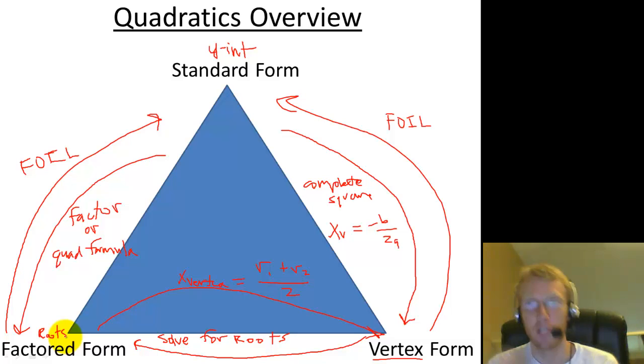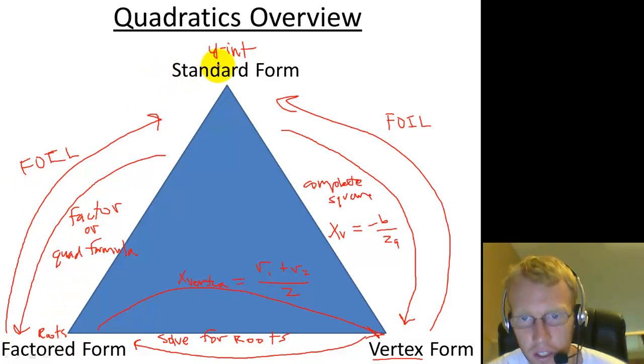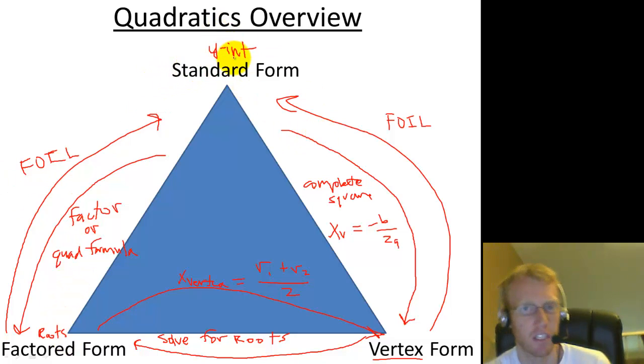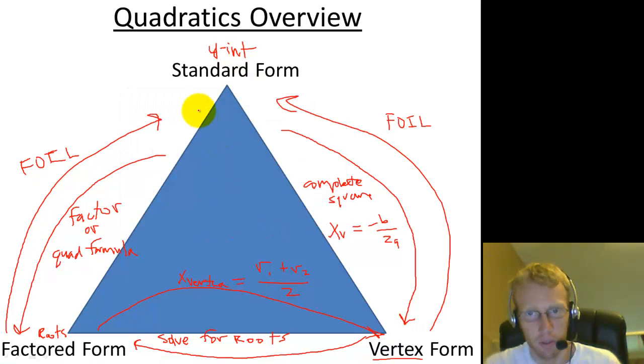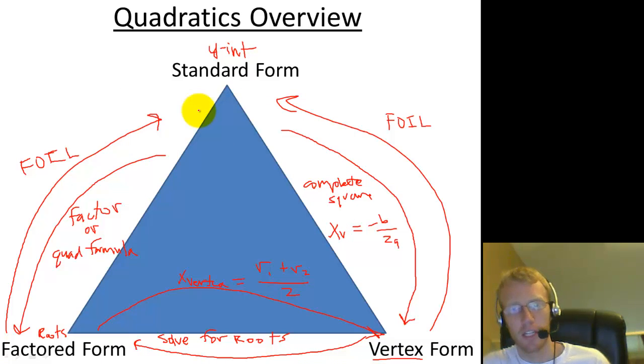For example, if you want to find the y-intercept, you don't have to convert to standard form. You could just plug in x equals 0 and solve for y. There are tips and tricks you're welcome to use, and the more comfortable you get with quadratics and these different forms, the more willing and able you are to use shortcuts. But for now, you definitely want to be able to write any equation in any form and identify all the important information about it.